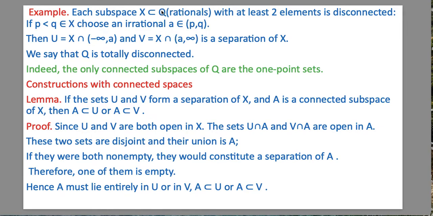Indeed, the only connected subspace of Q is a one-point set, a set consisting of only a single element. A set consisting of two elements is disconnected.